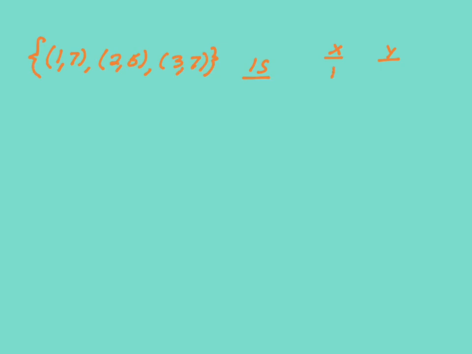If we list the domain 1, 2, and 3, and we list the range 5 and 7, 1 is paired with 7, 2 is paired with 5, 3 is also paired with 5. That's okay. Because to be a function, every x can have only one y.